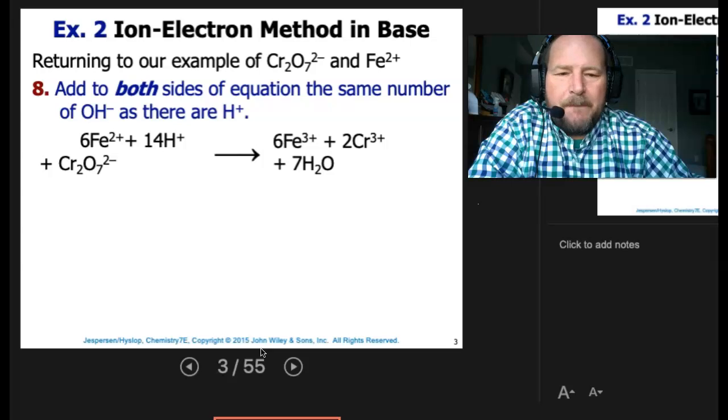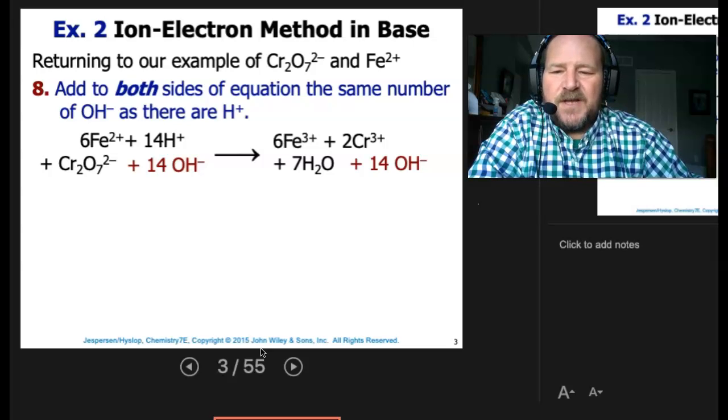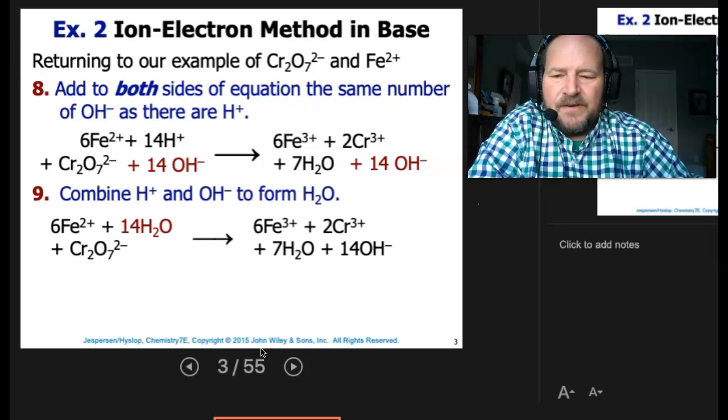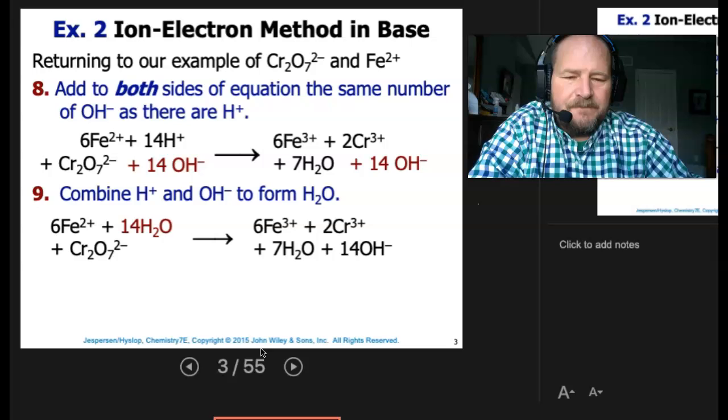Now we're going to balance out the H plus by adding 14 hydroxides to both sides. That means the 14 H plus and the 14 OH minus will form waters. So now we have 14 waters on the reactant side and 14 OH minuses on the product side.